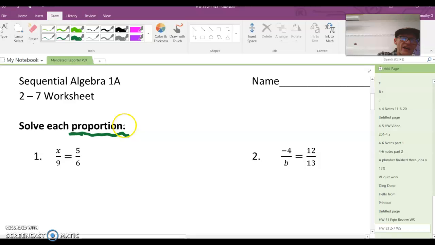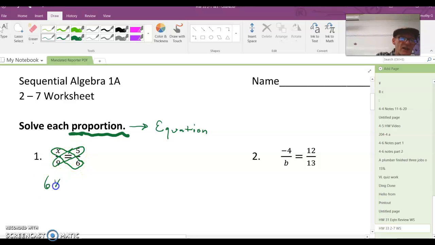and creating an equation. So we're going from a proportion to an equation. And to do that, we cross multiply. So we multiply 5 times 9 first, and then we multiply 6 times x. So we multiply these two numbers, 6 and x, and 9 and 5.